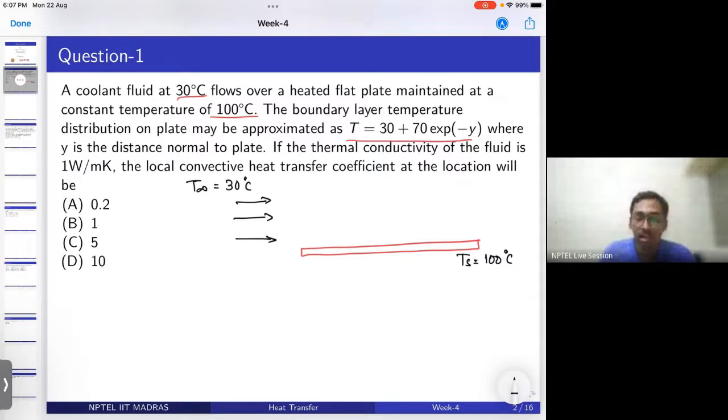Now we are more concerned about the heat transfer point of view, and the temperature distribution is given, so I will be drawing only the thermal boundary layer. This is the thermal boundary layer, and it will be approximately like this. It's an exponential decay.